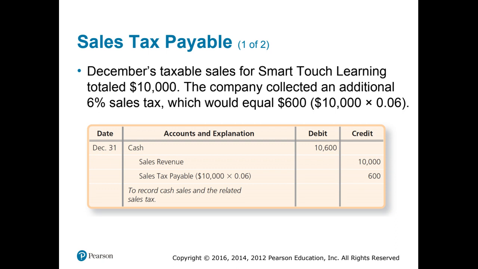And our sales revenue, which is part of our equity, is also going up. So if you plug those numbers in, you would put $10,600 under our assets for cash. You would put $10,000 in our sales revenue and $600 in our sales tax payable, and that would balance out both sides of our accounting equation.